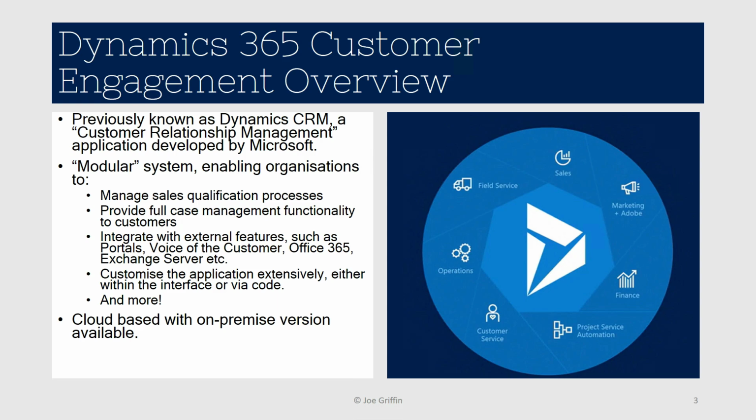So the first thing that we need to make sure we fully explain is the application itself, Dynamics 365 Customer Engagement. You may have known it under a previous guise. It was until very recently known as Dynamics CRM until it was rebranded as Dynamics 365. The key driver behind this was to start to emphasize the modular nature of the application as a whole.